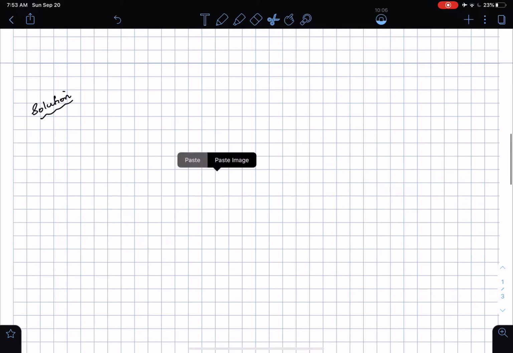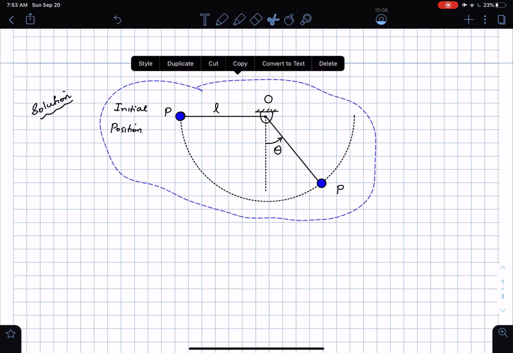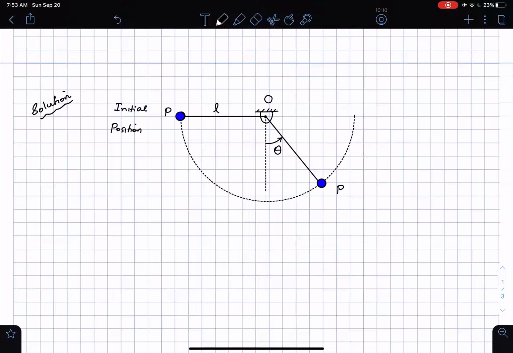Let me bring back my figure from before. These are fairly reasonable figures, I hope. So at some arbitrary theta, let us find the equation of motion in terms of theta.